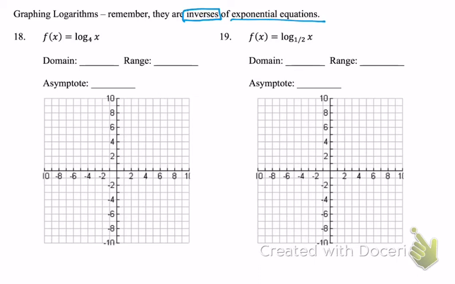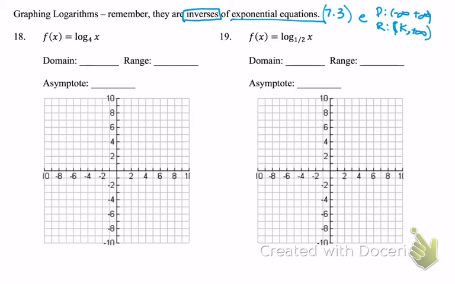So in 7.3, we graphed exponential equations with an e, and the things that we talked about were that the domain was always negative infinity to positive infinity, and the range was our asymptote, which we called k, to positive infinity.